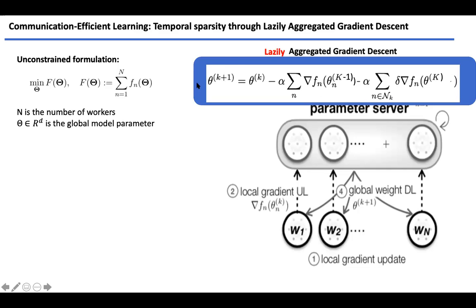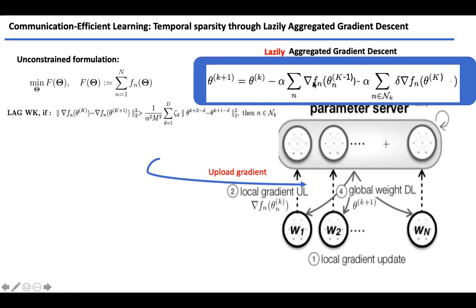Therefore, at iteration k plus 1, this updated gradient is the gradient at iteration k for some of the workers, but not all of them. So this is delta of the gradient, the difference between the gradient at k minus 1 and at k for some workers. For some others, they are still using the outdated gradient.